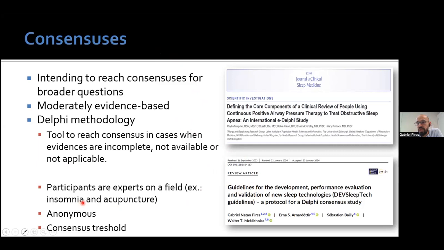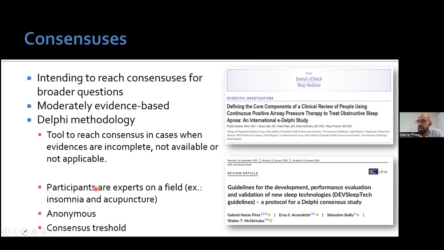This is one case in which data could be measured and a systematic review with a meta-analysis could have been performed. But rather than that, several experts on insomnia were interviewed with questions like, would you use acupuncture to treat insomnia? Which acupoints would you use? How do you expect long-term effects to evolve, and things like that?